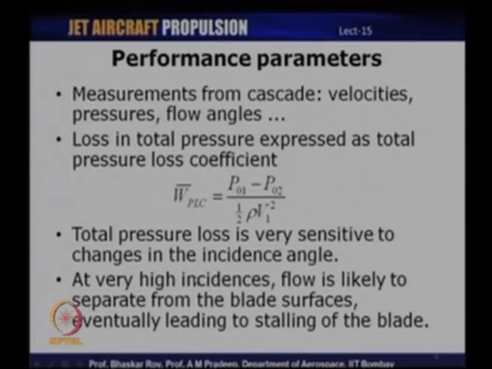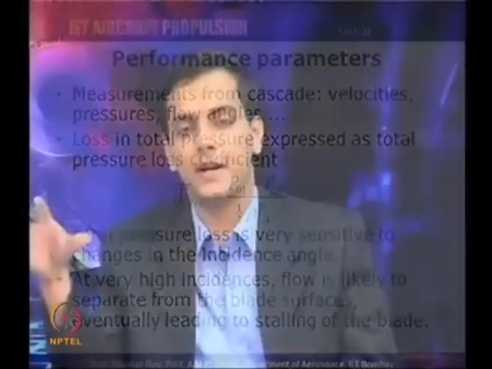As you keep increasing the incidence, whether it is positive incidence or negative incidence, beyond a certain angle the flow is likely to separate from the surface, and as it separates, it will eventually lead to stalling of the blades.